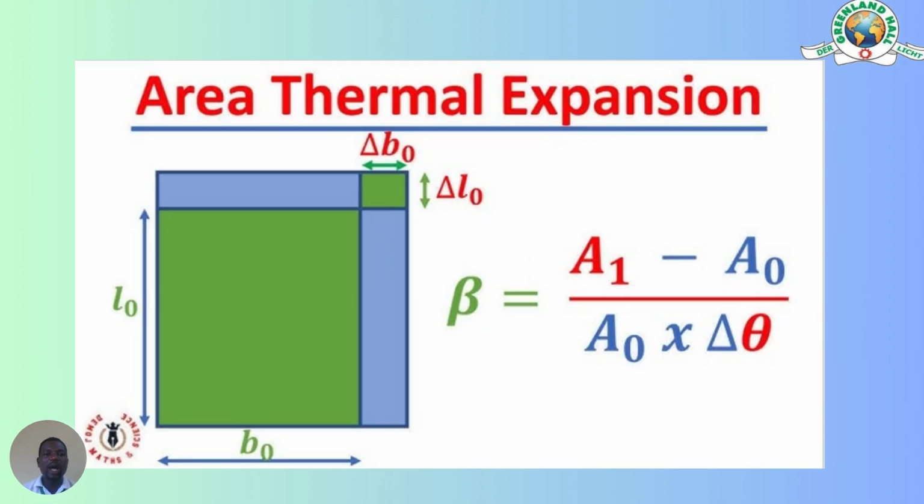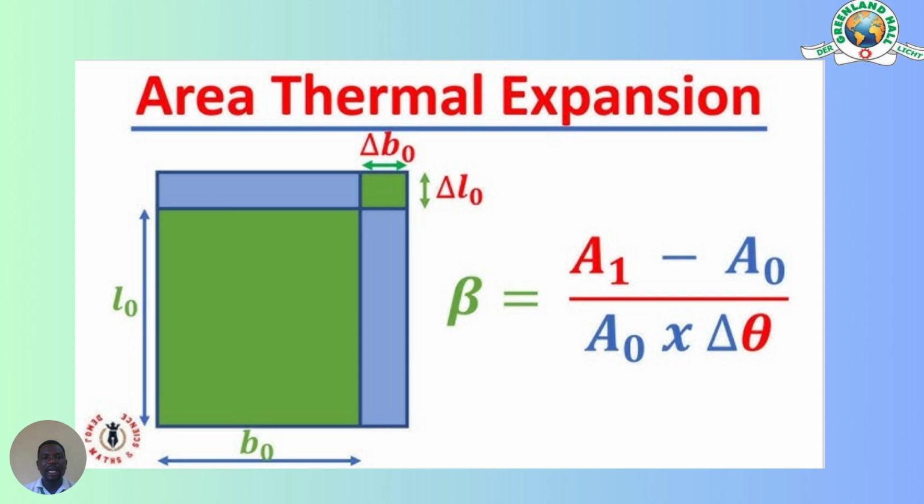Now, we can also have expansion along the area. We call it area thermal expansion. Look, we have a rectangular shape that has length and breadth, where L naught is the original length and B naught indicates the original breadth. You can see there will be an increase in length along this line, then an increase in breadth along this line.